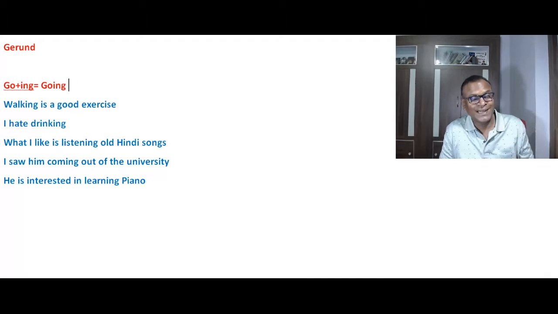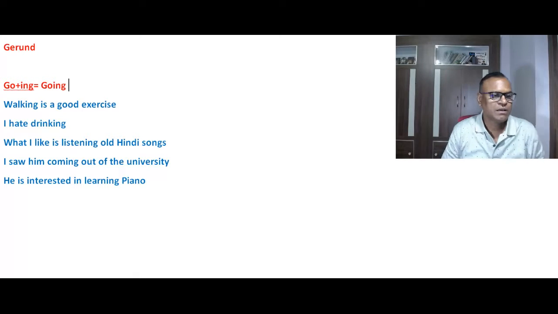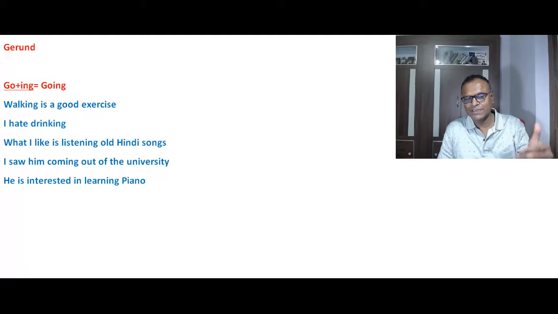We use that. It's a verb or it's a noun. It can be a verb when it is used as a verb, and it can be a noun. And how it can be used as a subject, as an object, or what, that I'll tell you later.